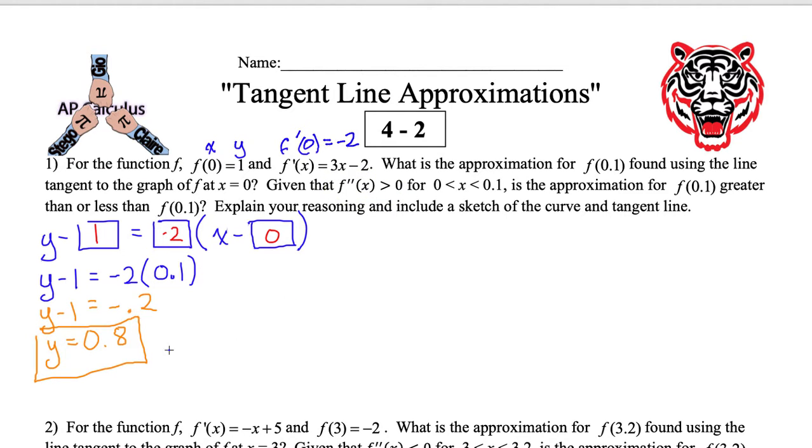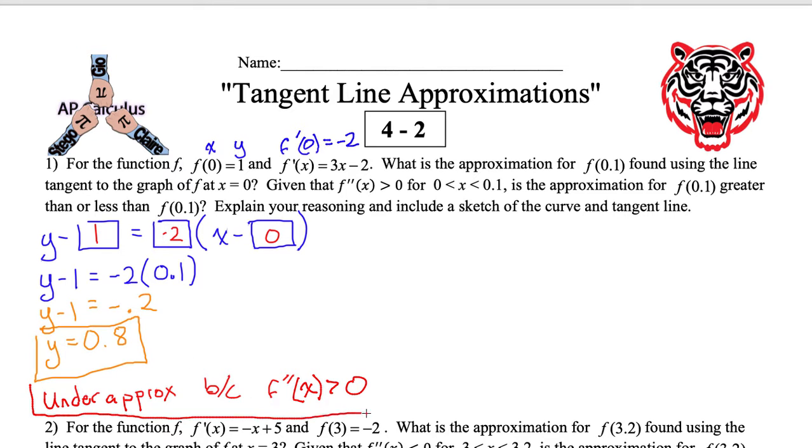We're going to say down here, under approximation. And why? Because f double prime is greater than 0. Or you can say f double prime of x, if you want to be a little bit more precise, is greater than 0 on that interval. But that's fine. So that's our second part.